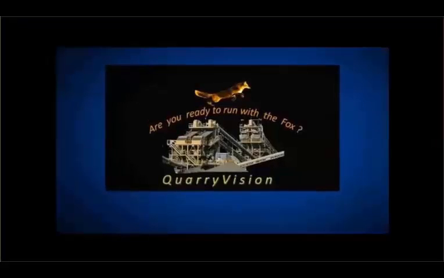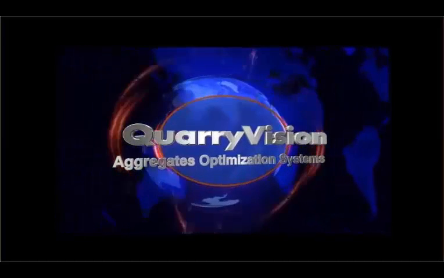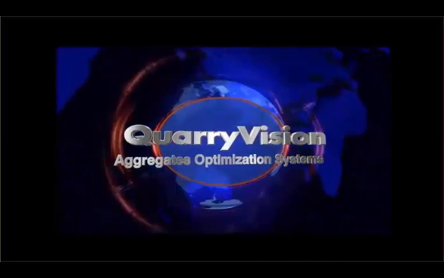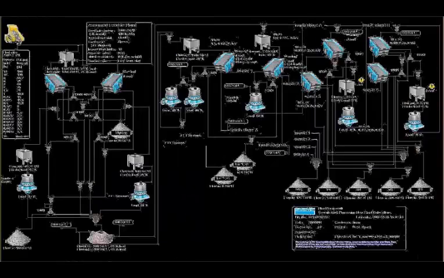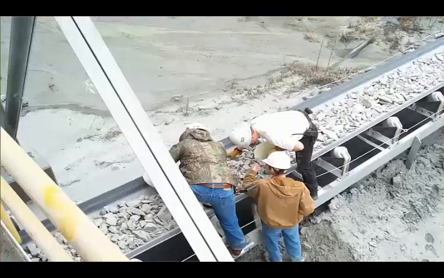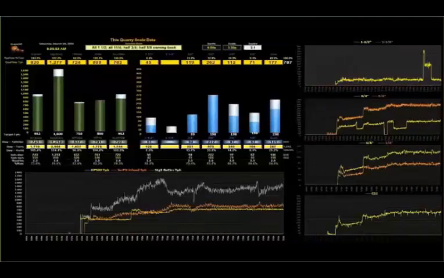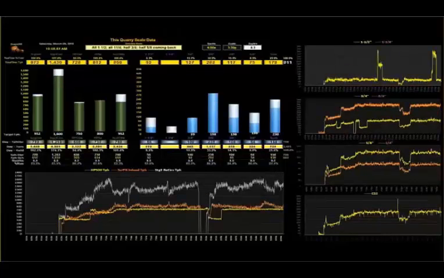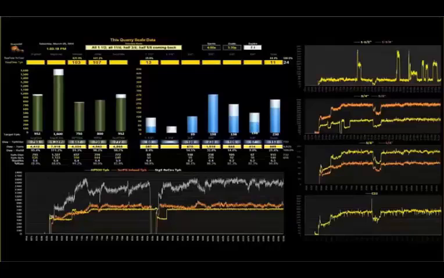With QuarryVision, you will be running with the Fox, using the most powerful, intuitive, accurate performance and profit optimization system available to the aggregates industry. QuarryVision relies upon far more than unvalidated flow models, infrequent belt samples and questionable closed-side setting measurements. QuarryVision takes real-time data produced by belt scales and transforms it to reveal the true yield and capacity limits of the process.